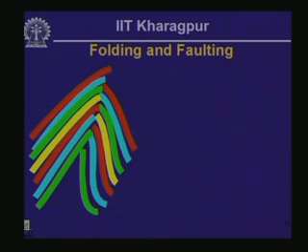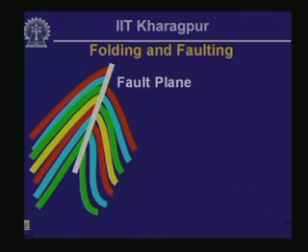Now this particular configuration is nothing but a fault really. So the rock mass which is to the left of the plane here, called the fault plane, is going to start sliding up and to the right, whereas the block that is on the right of this fault plane is going to start moving to the bottom left.